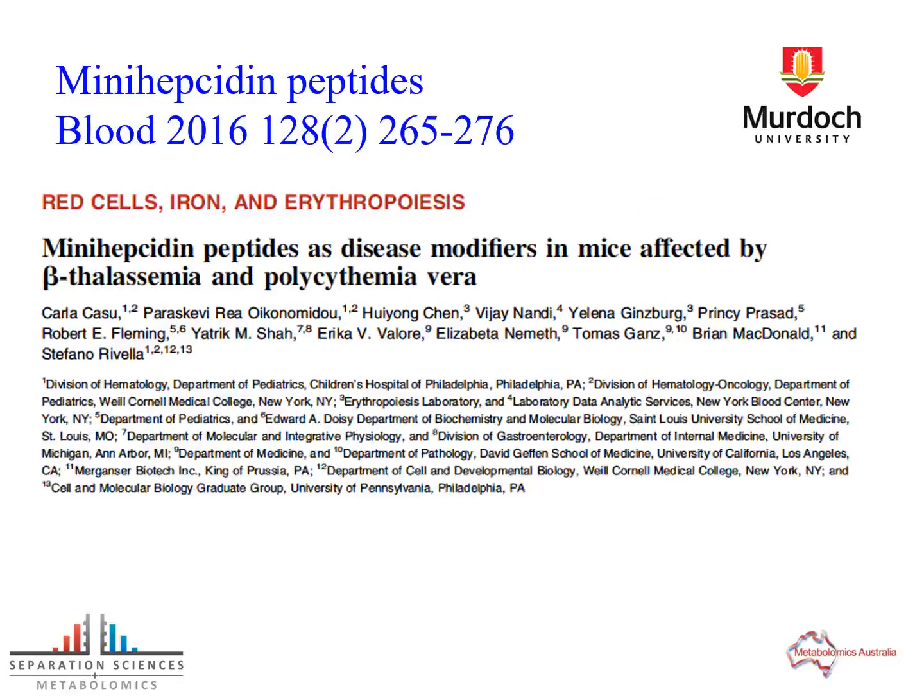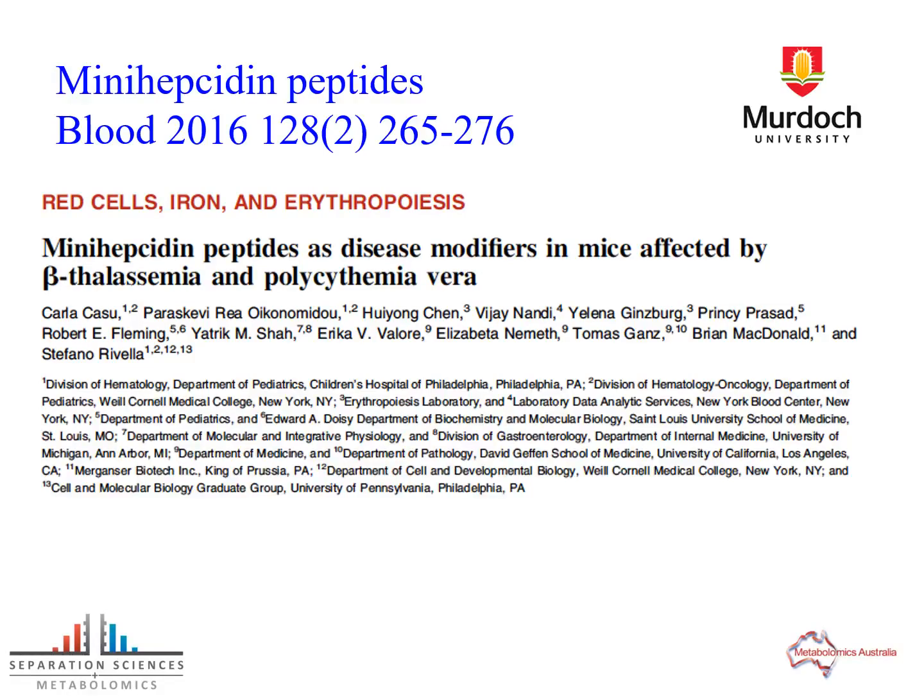And then they continued that for several years, and in 2016 they actually used mini hepcidin peptides to try and treat mice that have been affected by beta thalassemia and polycythemia vera, and that actually showed a lot of promise.